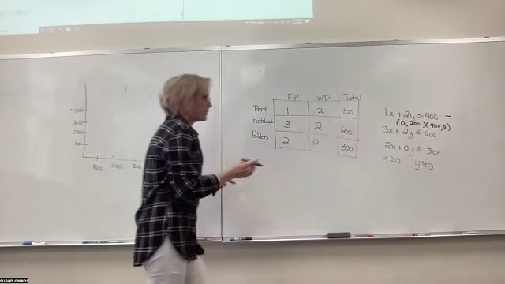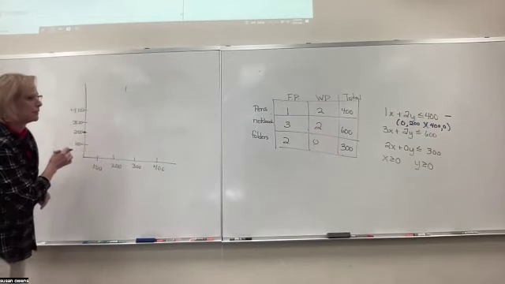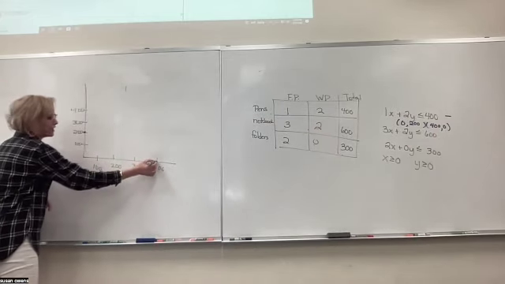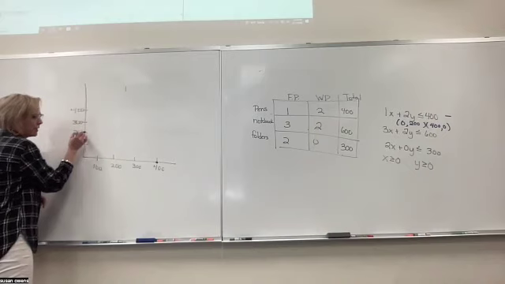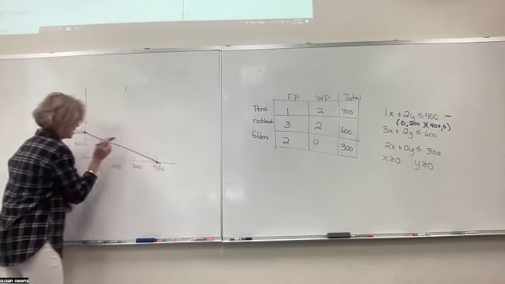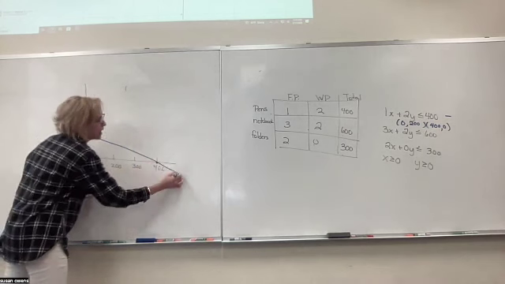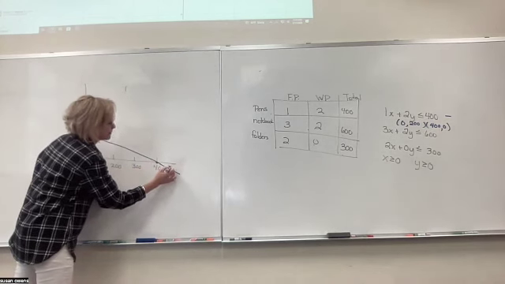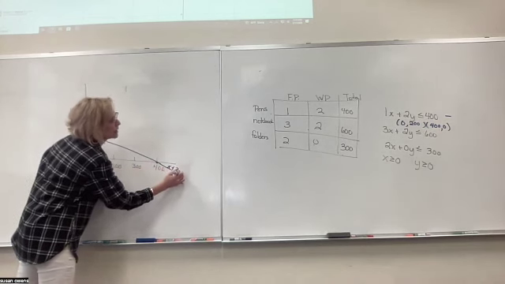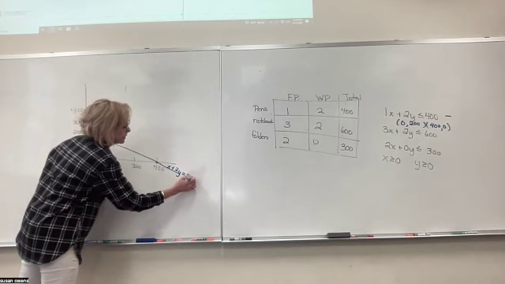Okay, so over 0, up 200, and over 400, up 0, and we have a solid line. The line's kind of wavy, solid line. And when I graph this, I'm going to label what line that is on it so that when I get ready to do my substitution and elimination, and I'm just going to put equals 400.